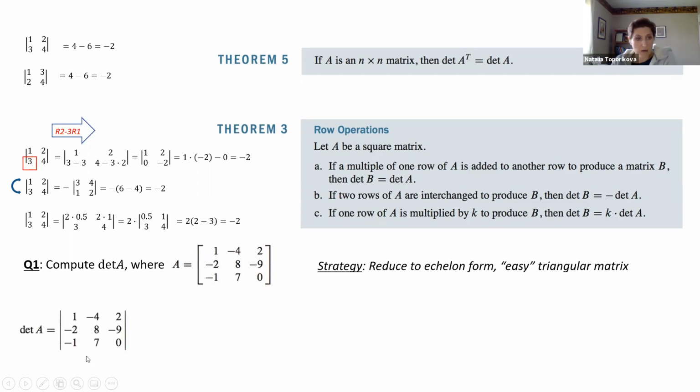Here is our determinant, and I'm writing it down in straight bar form just to avoid repeating det here. Let's try to reduce it to echelon form, and as usual, we start with the second row. Instead of -2, we want to have 0.